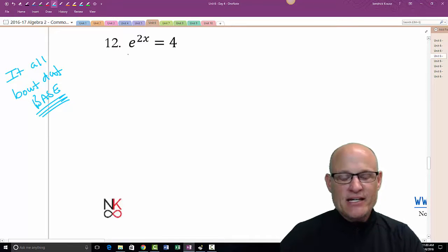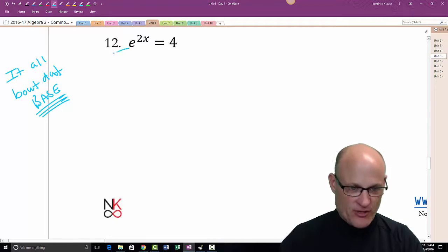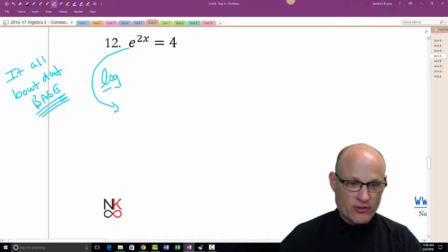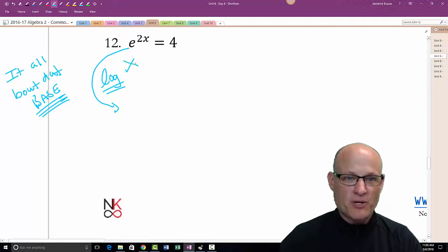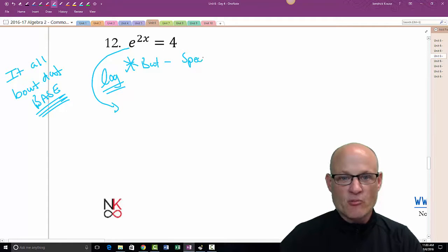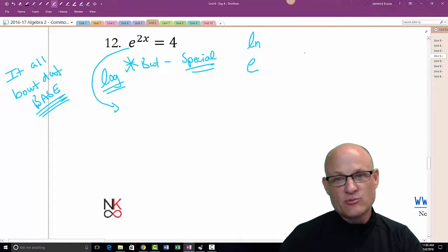But we have an exponential function and we're going to turn it into a log function. But this is a special case. Do you remember me yesterday telling you about the natural log and the E button, which is the natural base E?